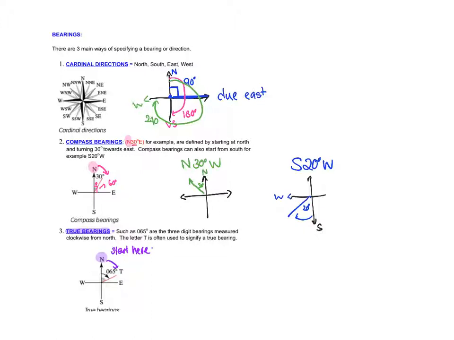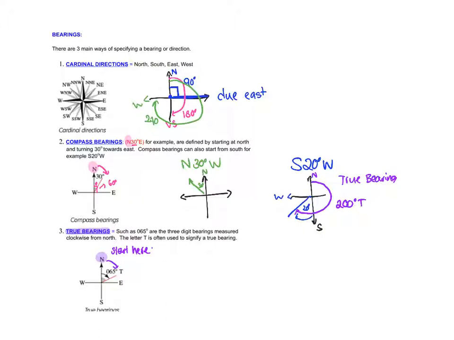So it's going to be between 0 and 360, because you've gone somewhere within a full circle. If I was going to do the true bearing in the purple here, I would have started at north and gone all the way around to there, which is 180 plus another 20. So what would that be? 200 degrees true. So that's where you are.